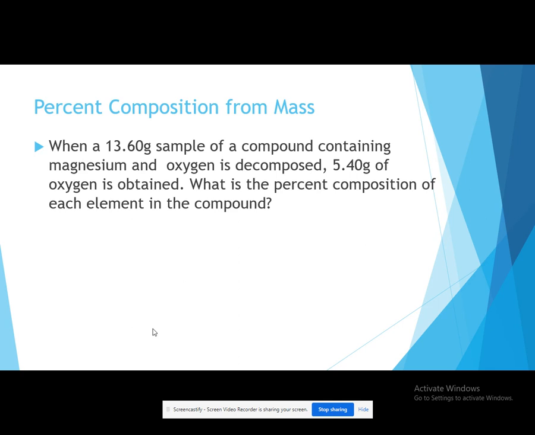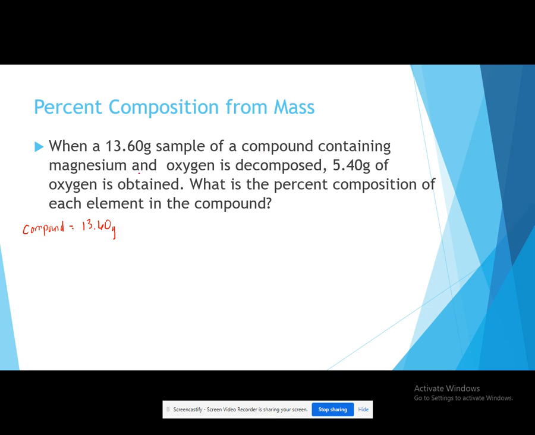So here is how you would solve percent composition if you were given the masses of the different parts in the compound. So let's actually see what I have. It says when a 13.6 gram sample of a compound. So I know that my compound is equal to 13.60 grams.